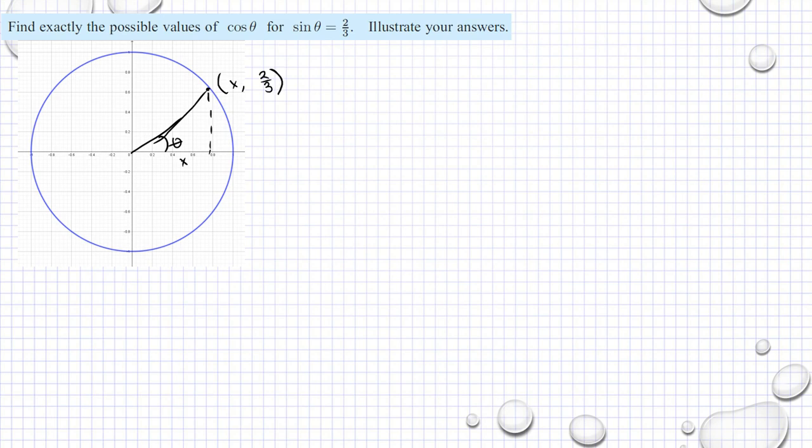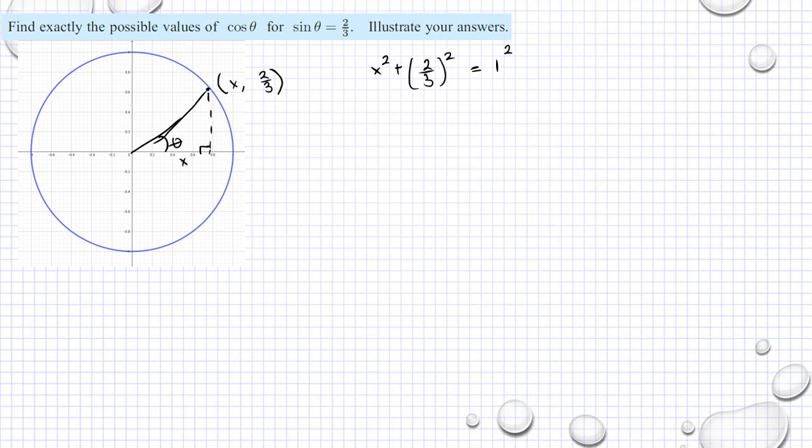Okay. So since this is a right triangle, we can use the Pythagorean theorem. We have x squared plus 2/3 squared is equal to c, that is 1 squared.